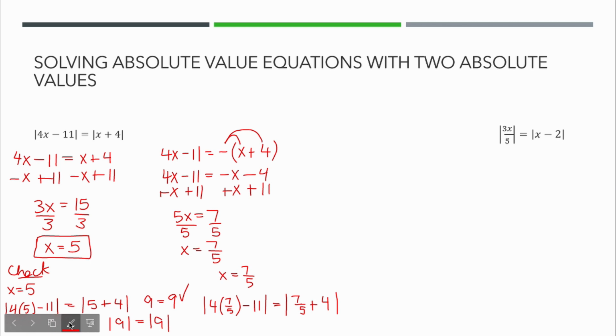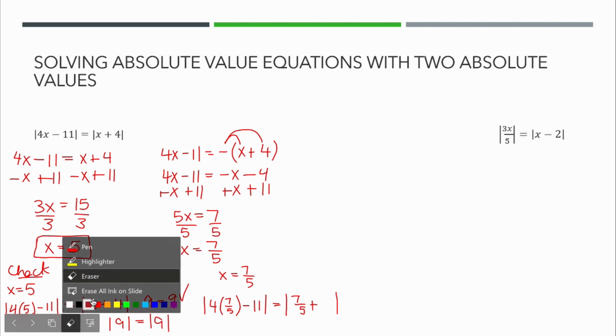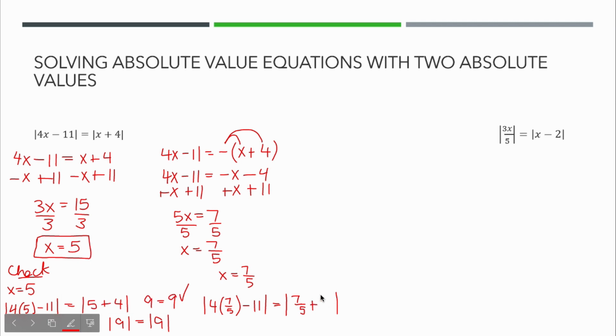So let's just replace them. 4 becomes 20 over 5. 11 becomes 55 over 5.